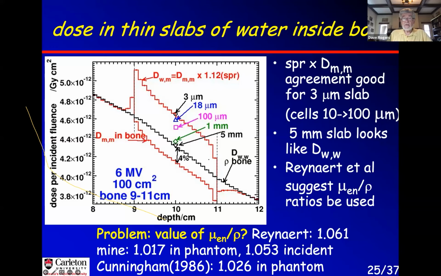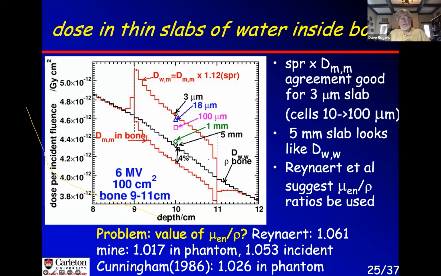But if I did the calculation for the incident beam spectrum, the 6 MV, before it was in the material at all, I got 1.053. And going back to Jack Cunningham again, he was the lead author on a paper back in 1986, in which the value was 1.026.